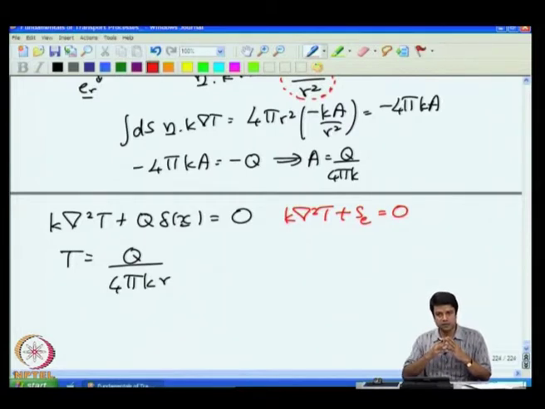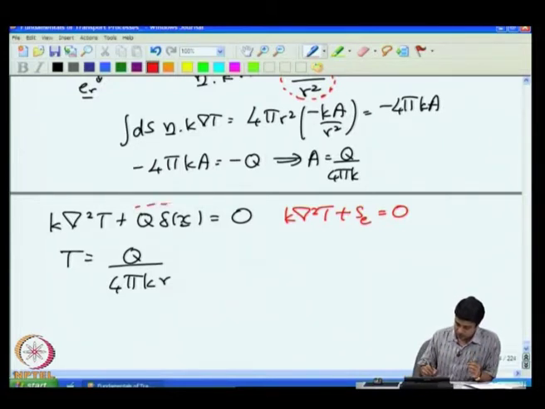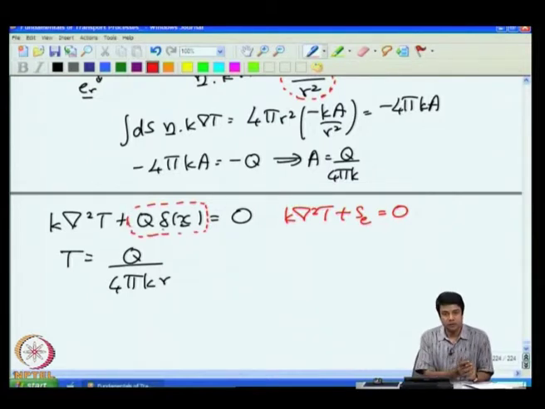In this case, Q is the total heat generated. Delta has dimensions of 1 over volume. Therefore, Q times delta has dimensions of heat generated per unit volume per unit time, which is the same as the dimension of S E, the source of heat. So, with this definition, I get a solution for a point source.